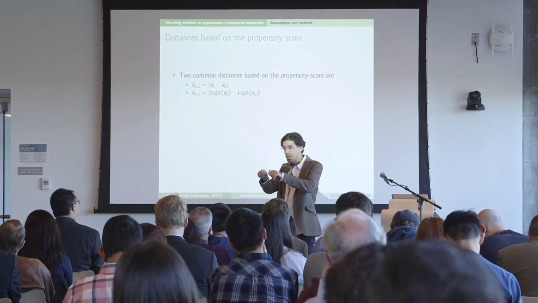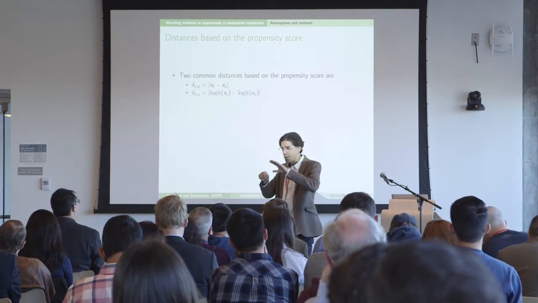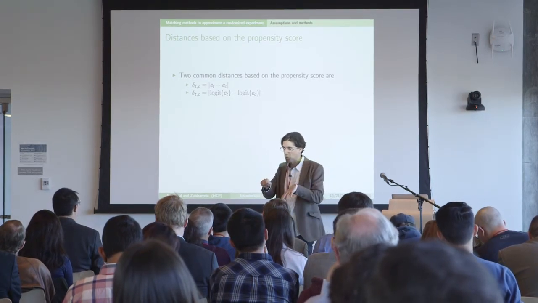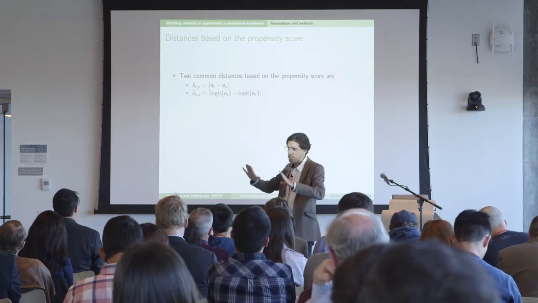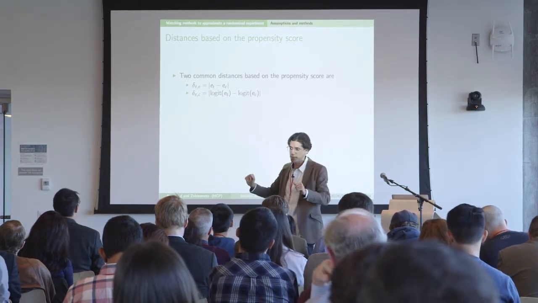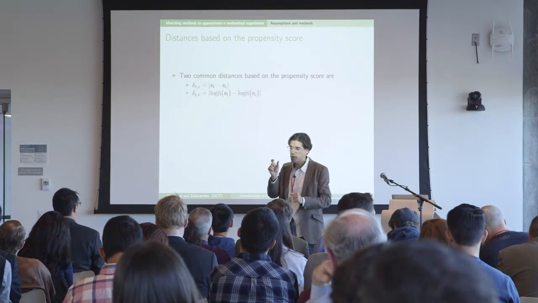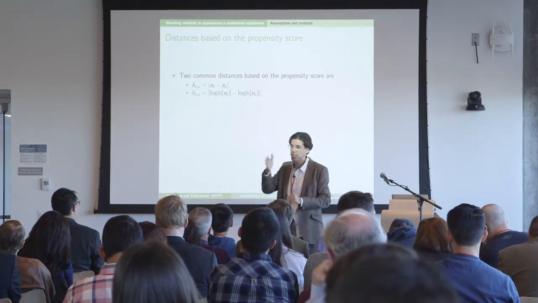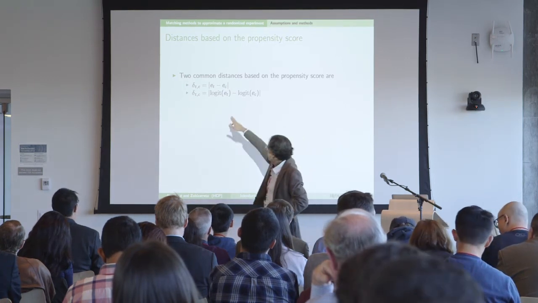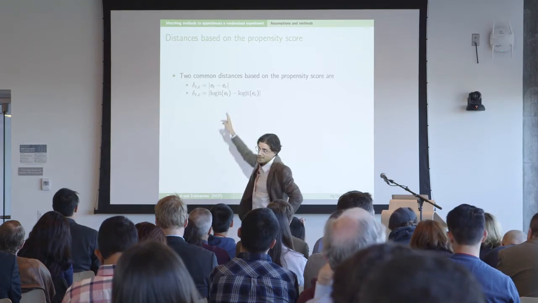And I can imagine doing this for you and all the people in the control group. So we can imagine building this distance matrix, where we have all the possible pairwise distances between treatment and control subjects. And I could do this in this scale or the logit scale.